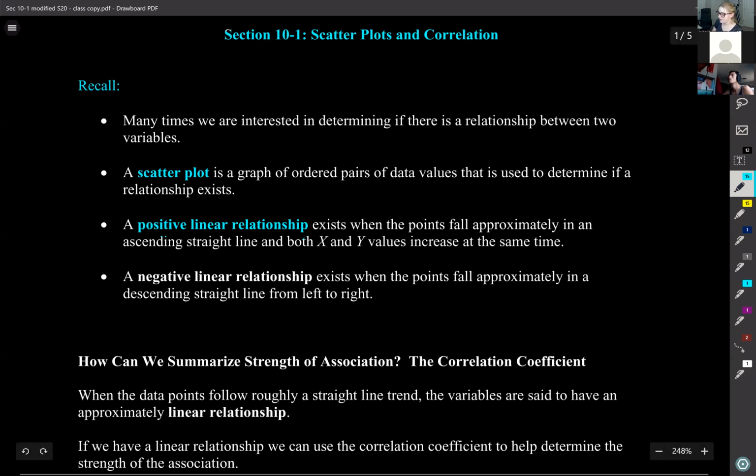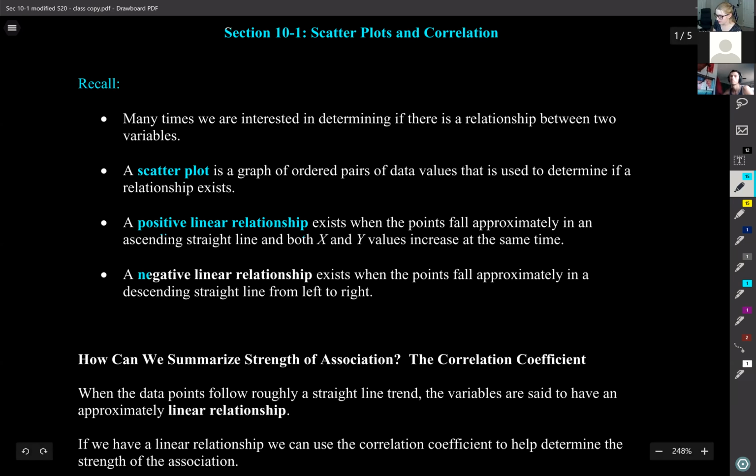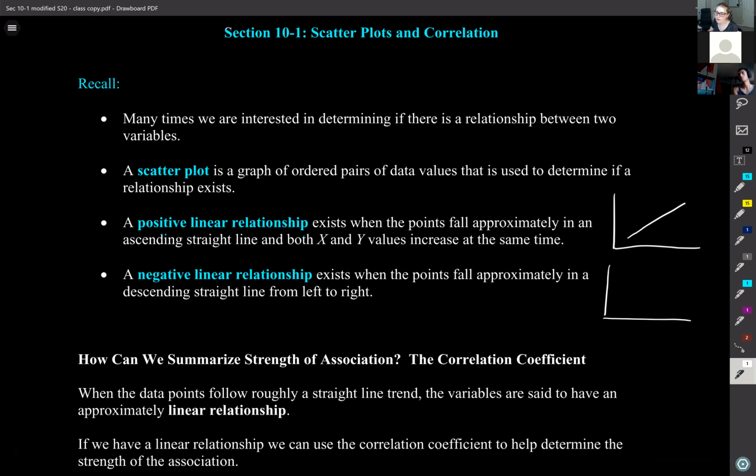But we could also have a negative linear relationship. Let me draw a little example. A positive linear one would be like that. And a negative one exists when the points fall in a descending straight line. That's where one increases and the other decreases, like as X values are increasing, the Y values are decreasing.